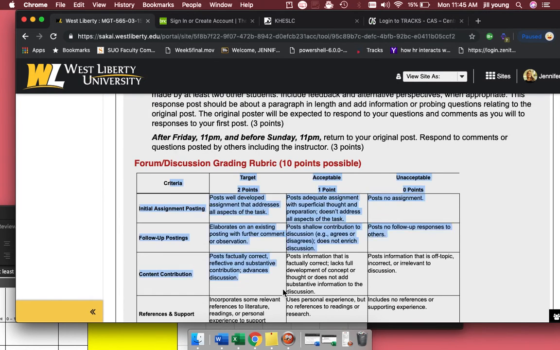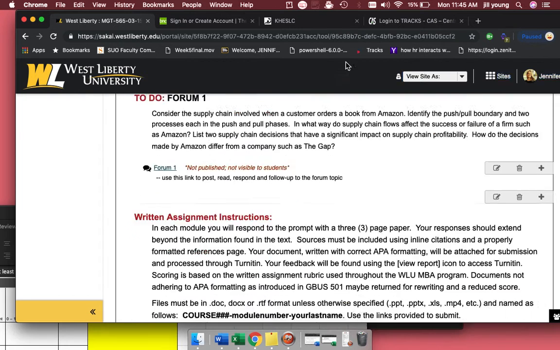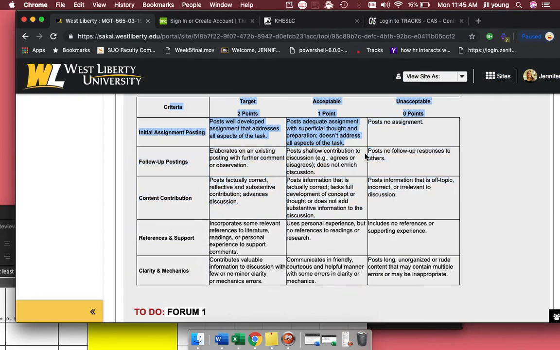This is the grading rubric that I use when I grade your forum discussions. It'll be pasted into your grade feedback box, and it'll have some numbers on the side and some summary comments at the bottom. This is for every discussion. Every discussion uses the same rubric.